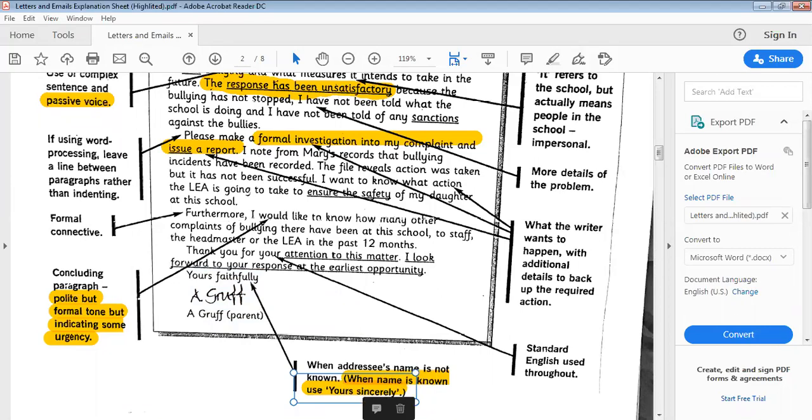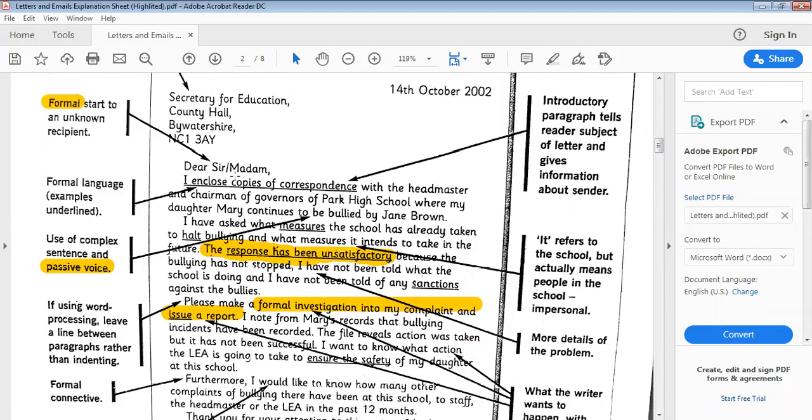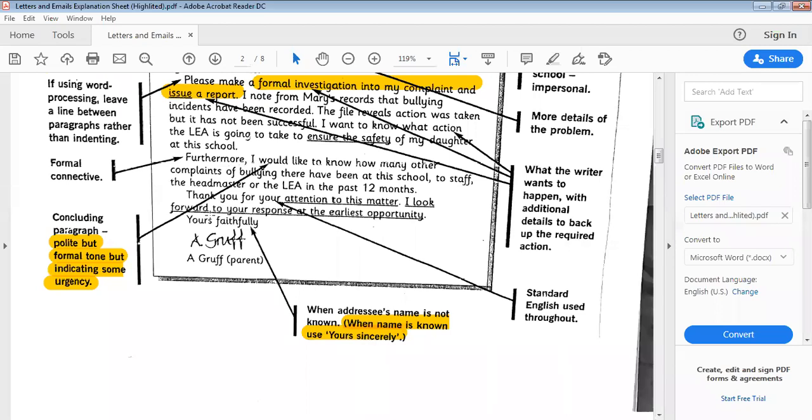When the name is known, we can use yours sincerely. But here I don't know the name. If you remember, I wrote dear sir or madam, so I don't know the name. If I don't know the name, then I'm going to use yours faithfully. Okay?